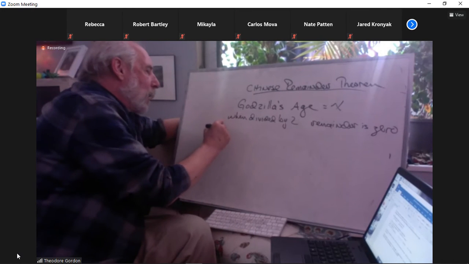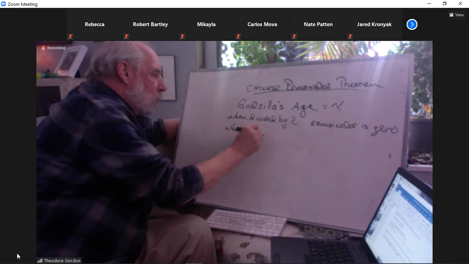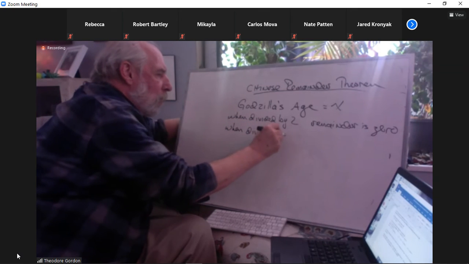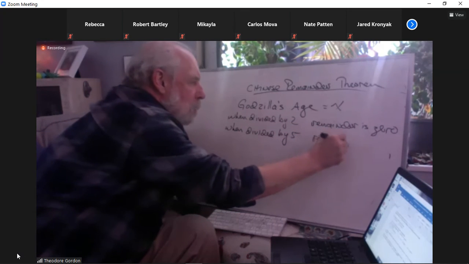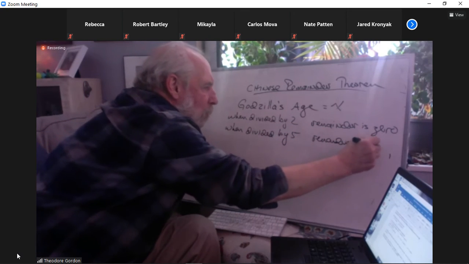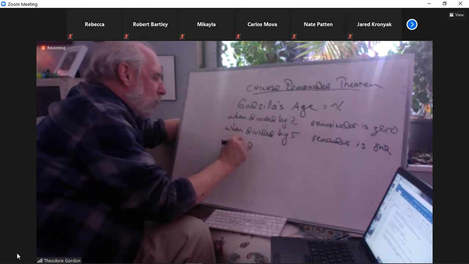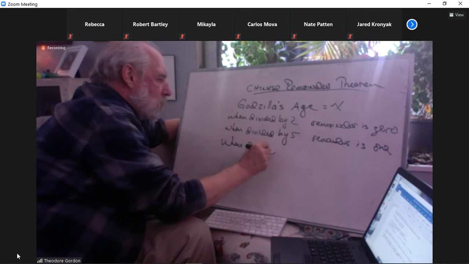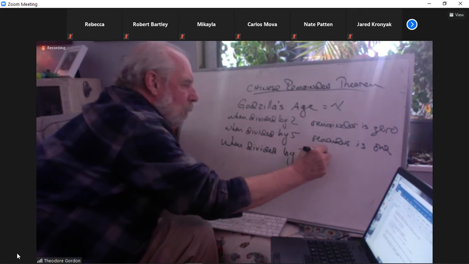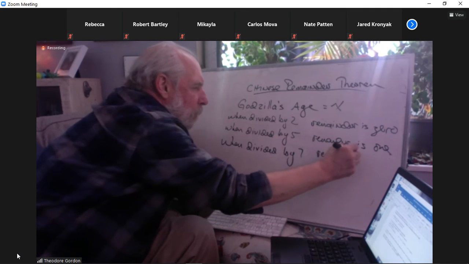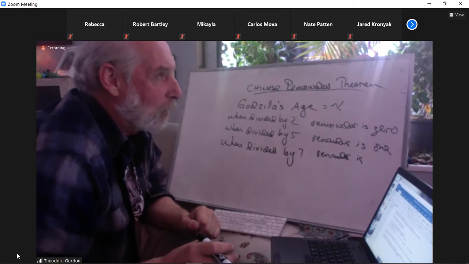When divided by 5, the remainder is 1. When divided by 7, the remainder is, hold on a minute, let me think. I don't want to make an arithmetic mistake here.